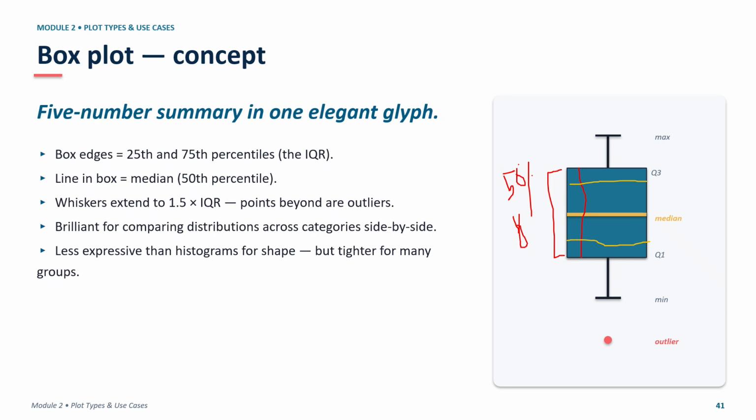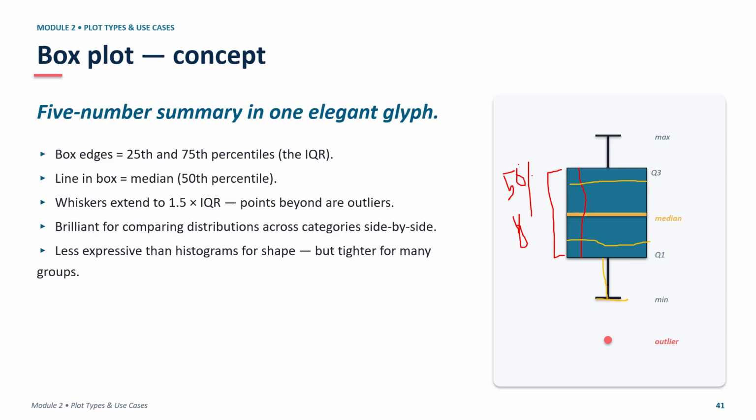And then you have the whiskers. Here you can see the line extending from each side of the box, right? The whiskers go out to at most 1.5 times the interquartile range, beyond Q1 and beyond Q3.